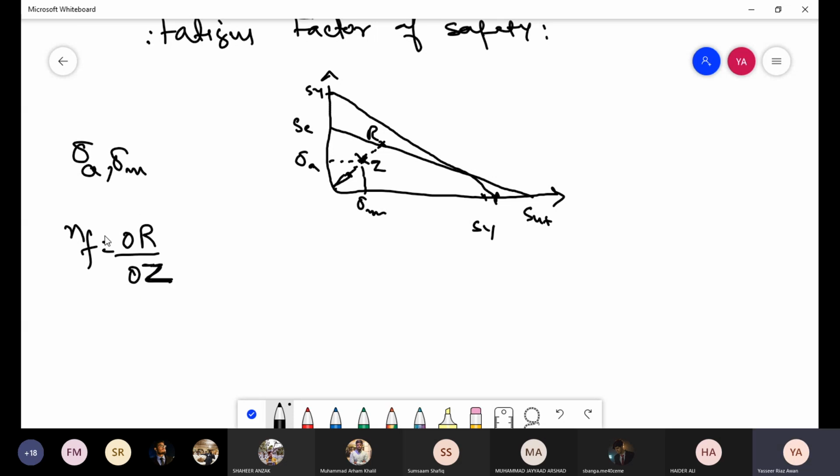So that would give you the fatigue factor of safety, and the yield factor of safety would be to extend this line further and meet the Langer line.